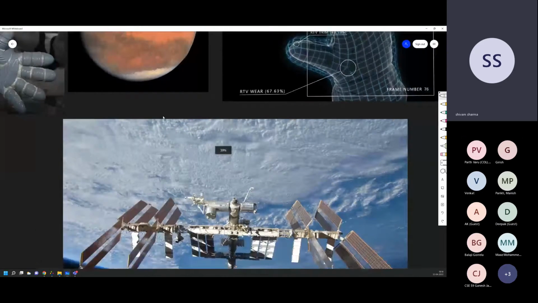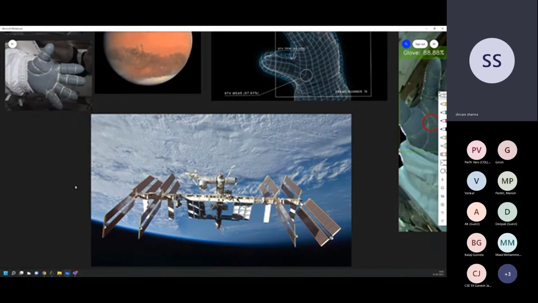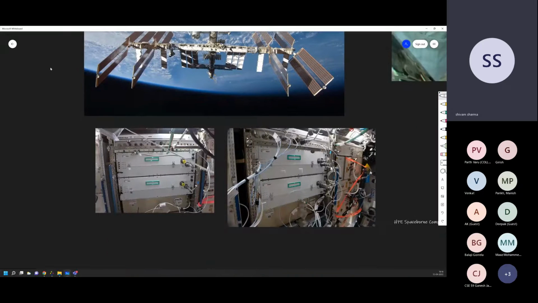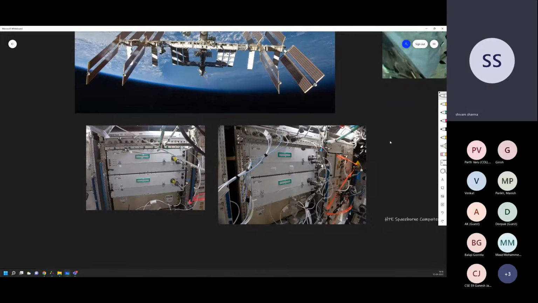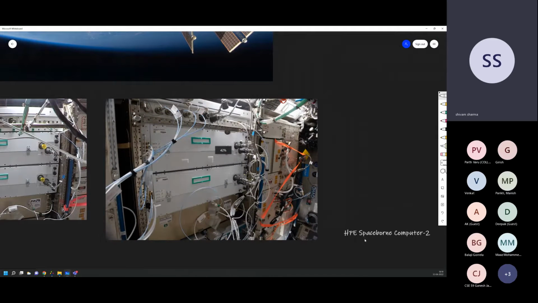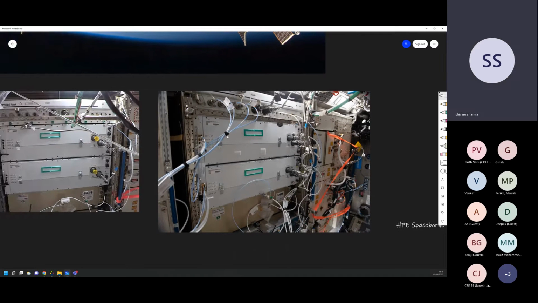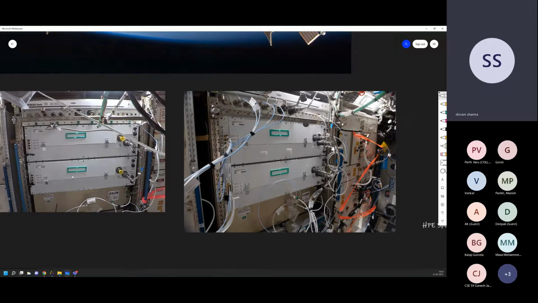The application is deployed in computers made by HPE, and these servers are called space-borne computers. This is how they look. I was able to find two pictures of them, from two different angles.